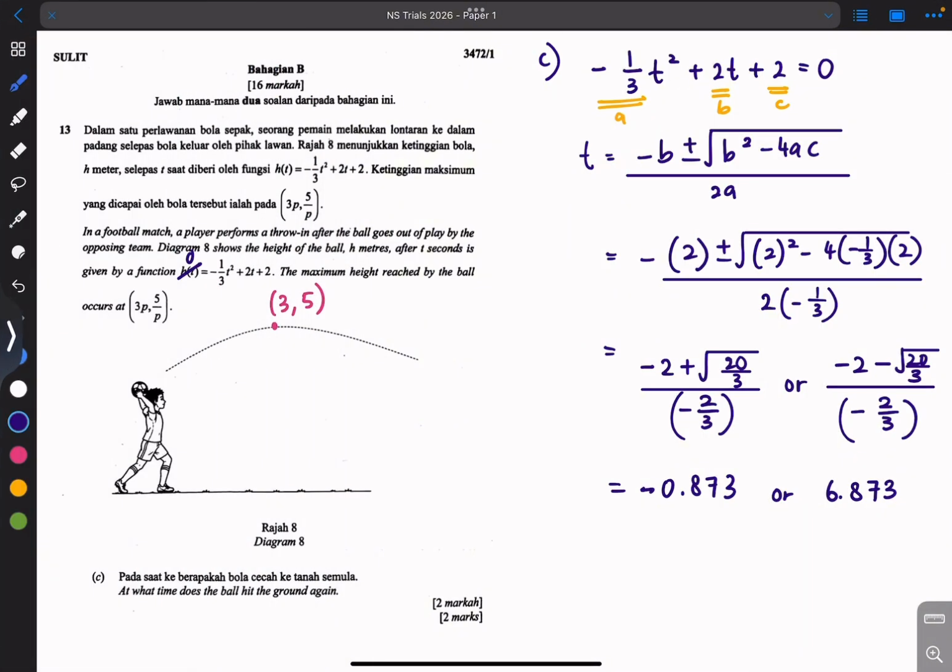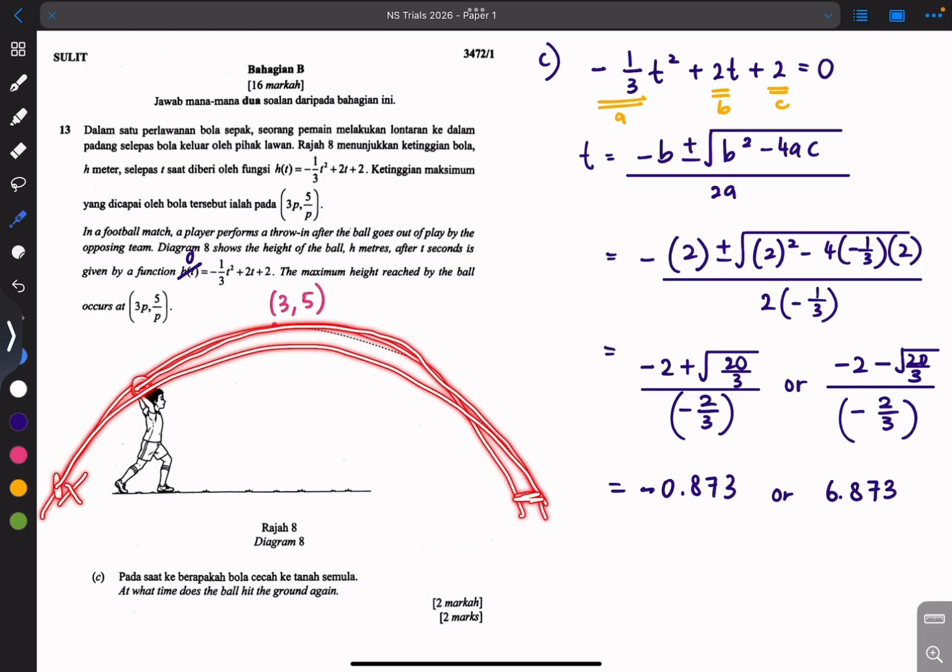Okay, so obviously we can't take this one because this is when the ball was here, which didn't happen because the ball started here. He's throwing the ball from here and then the ball is reaching the ground. So we are finding this root, not the first root. We are finding the positive root. So this would be the answer.